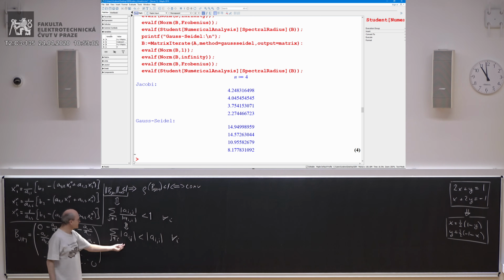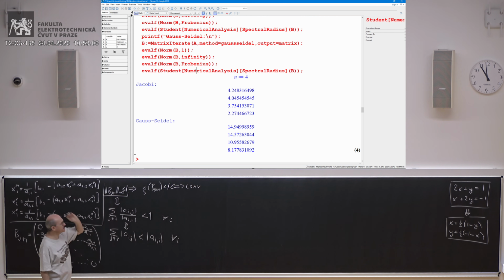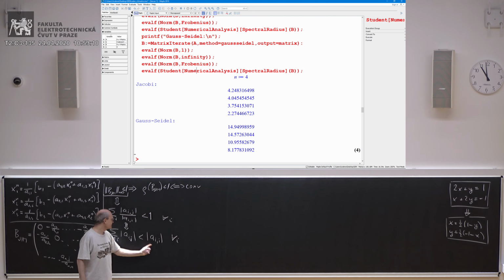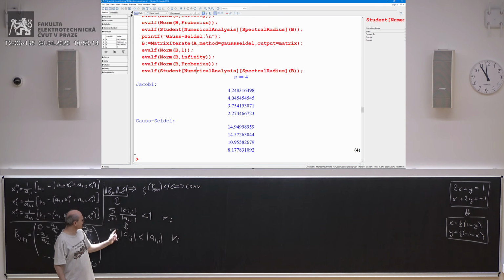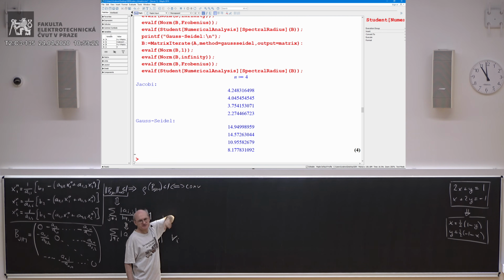When we look at the matrix, now these are the coefficients in the matrix of the system. So when somebody gives us a system, we just look at it, and we see that the diagonal term is always larger than the sum of all the other terms in the same row. Then by going through implications, it turns out that the Jacobi iteration converges.